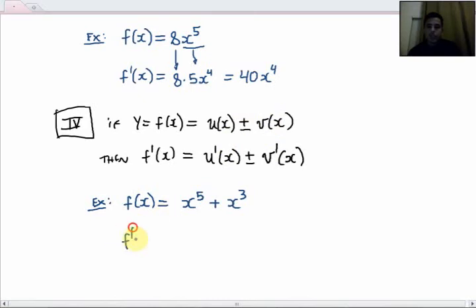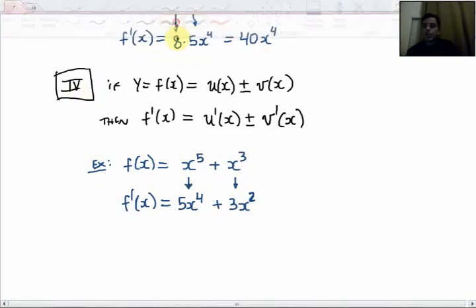So this becomes 5x to the fourth, derivative of that. And then for this one, it becomes 3, right? Bring the 3 down, x, and then subtract 1 from 3, 2. So there you go. That's the derivative.